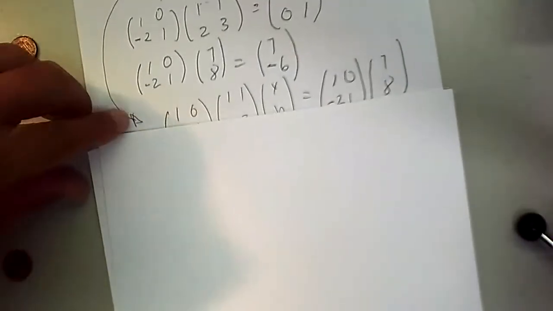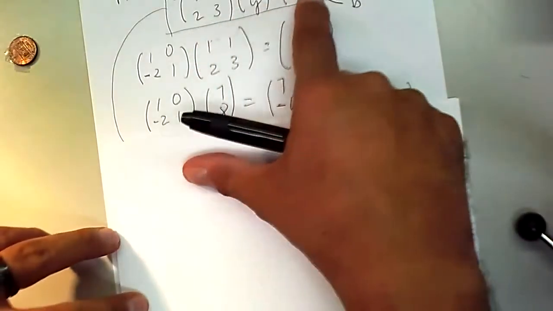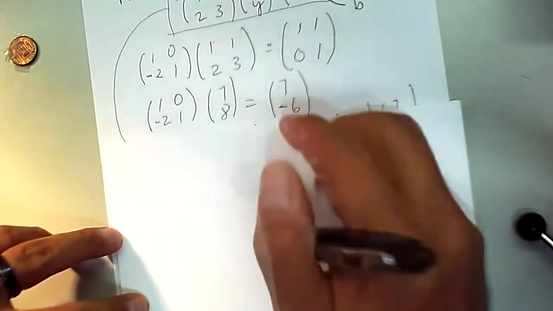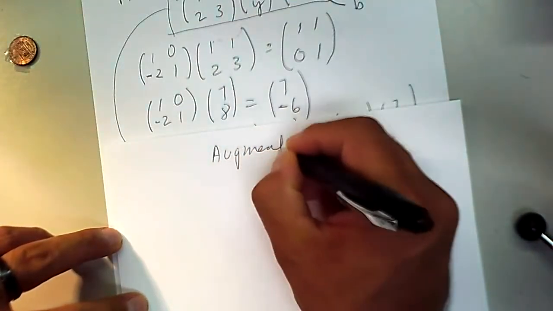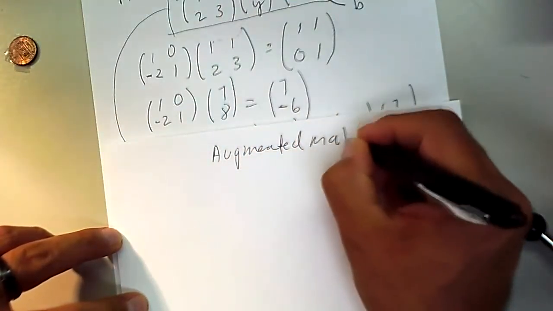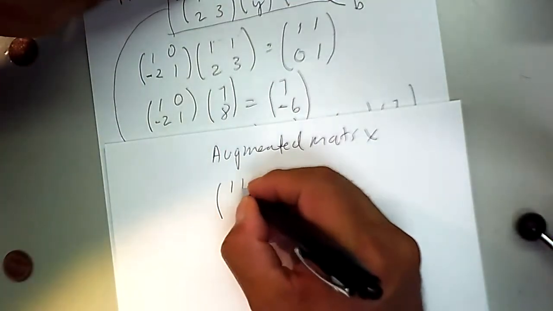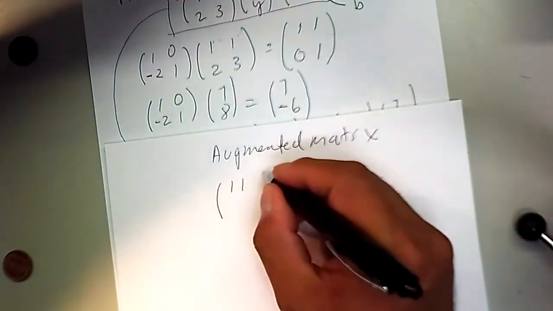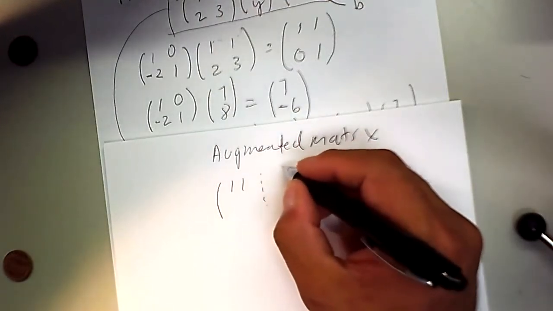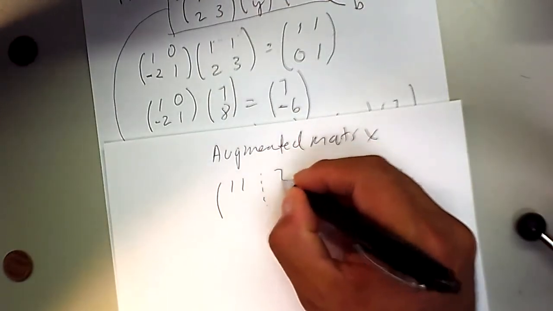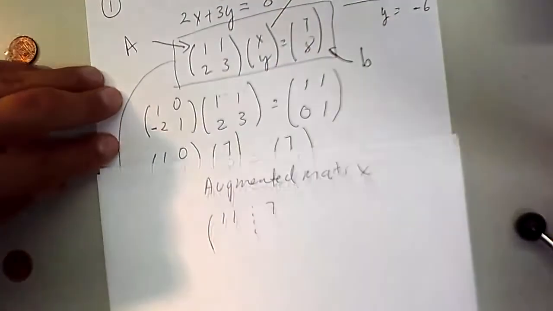So we build the augmented matrix corresponding to the system, either one of the two. The augmented matrix will be 1, 1, 7. Sometimes people put a dotted line, which corresponds to the constant matrix.